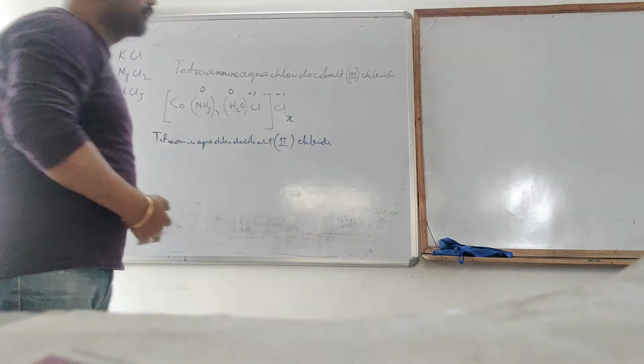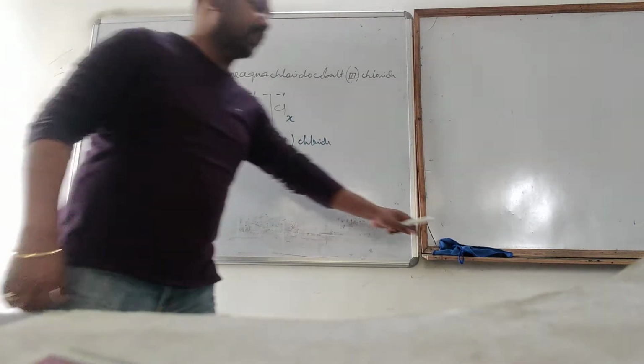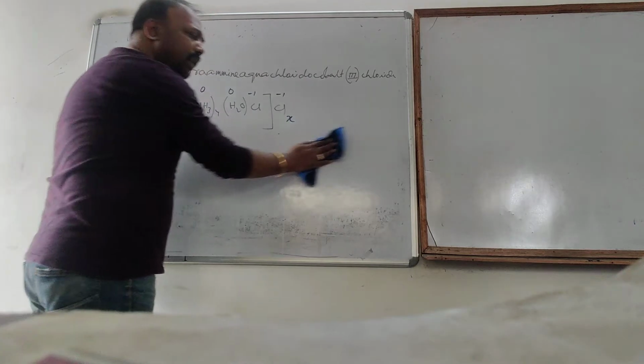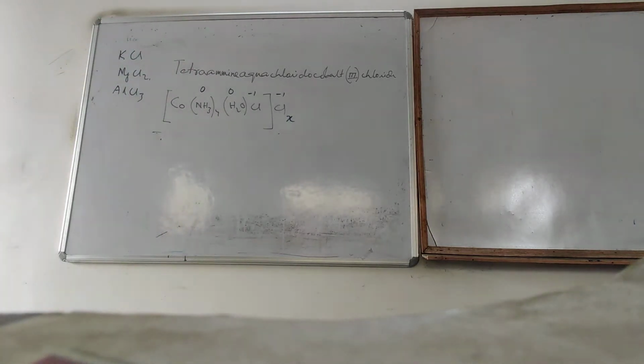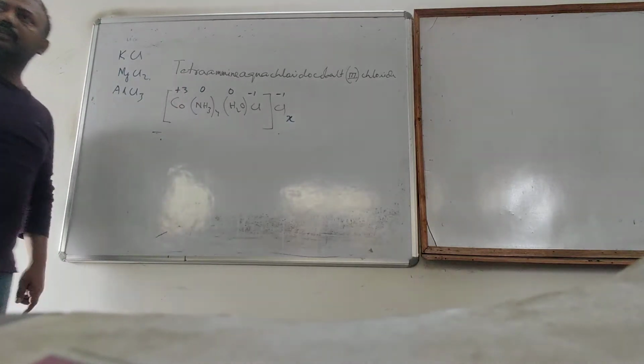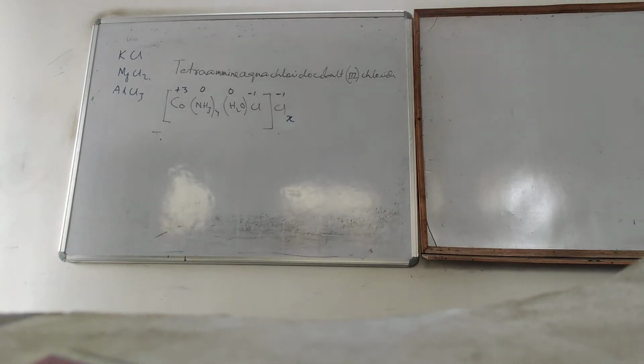Clear? Now we have been given the formula. We have been given the name. Now according to the name, we are going to find out the value of X, where the oxidation state of cobalt is given as +3. Yes or not? Okay.